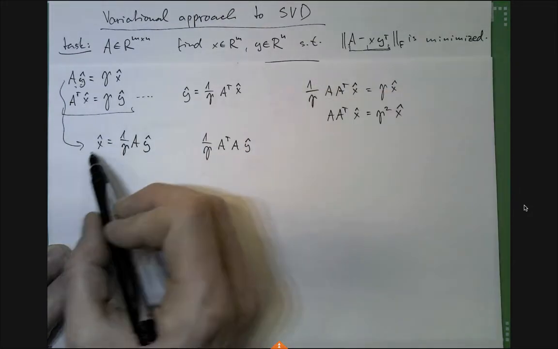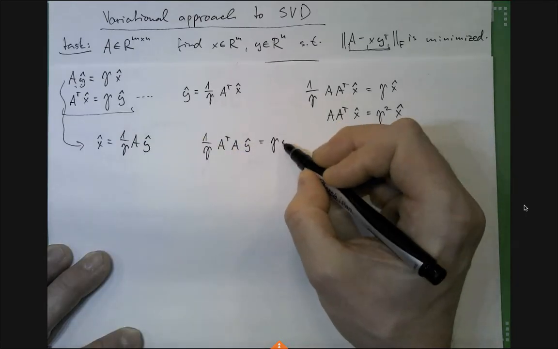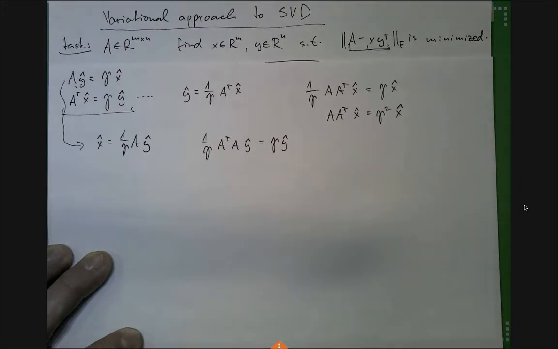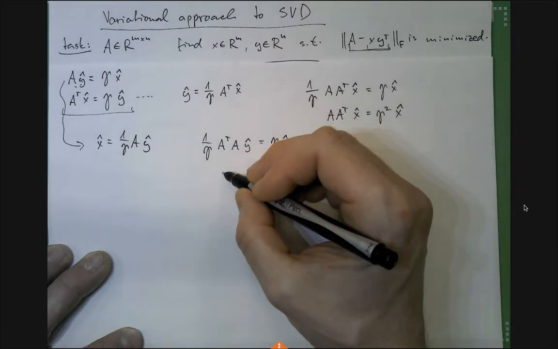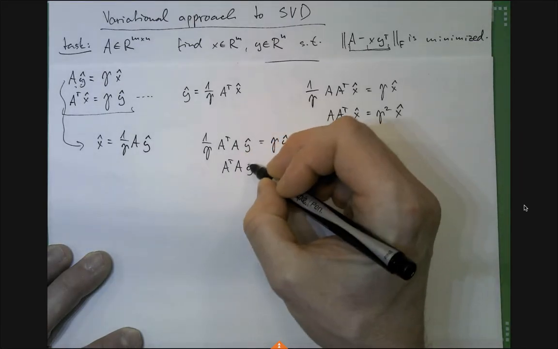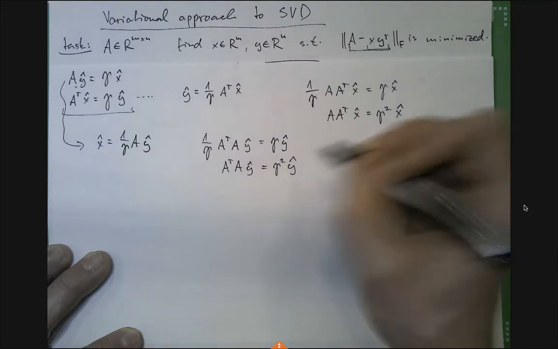Because I'm substituting this x hat into here, and that equals gamma y hat. All right. So again, I multiply by gamma, and I get A transpose A y hat equals gamma squared y hat.